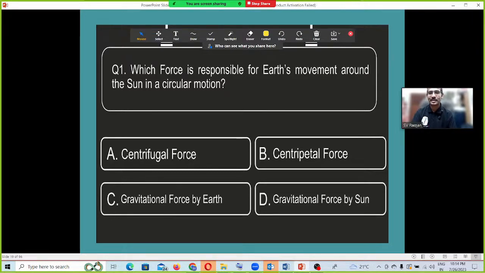There is a question, what it is. Yes, choose the answer. Gravitational force by the Earth. There is a student C learning. They opted. Any other? We'll see that.